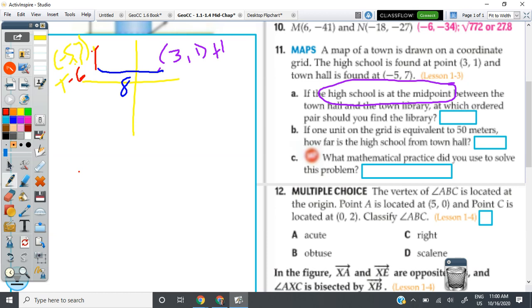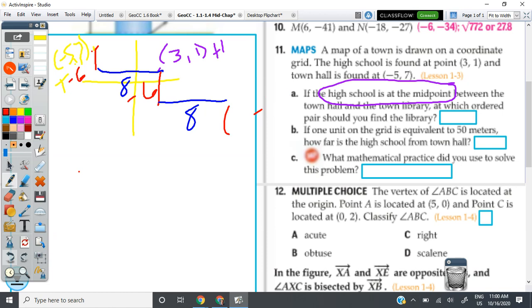So if I do that exact same thing and I go down 6 and over 8, where would I be at? Well, remember that's my y's. Up and down is y's. I messed that up, I apologize.